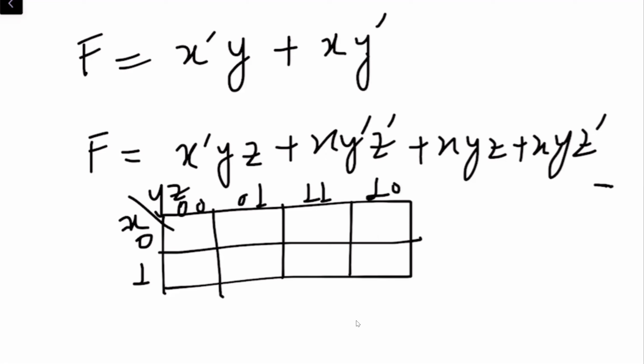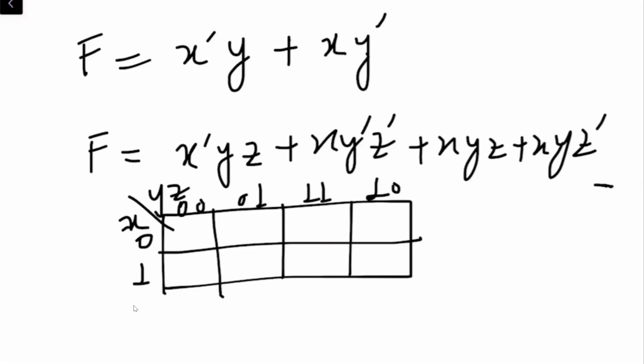With this, the first one is x complement y z, right? So this is representing basically the x complement yz. So this is representing m of 3.